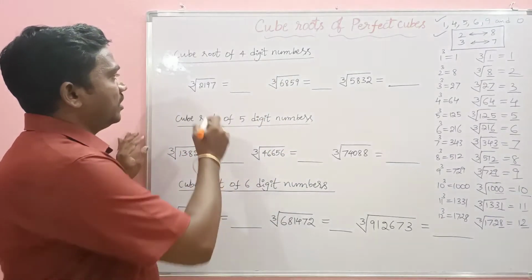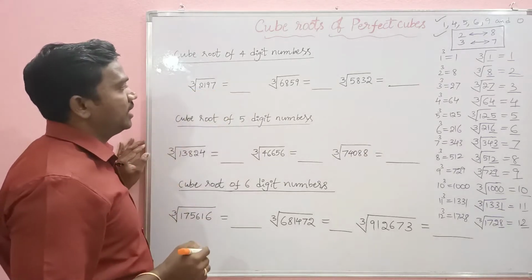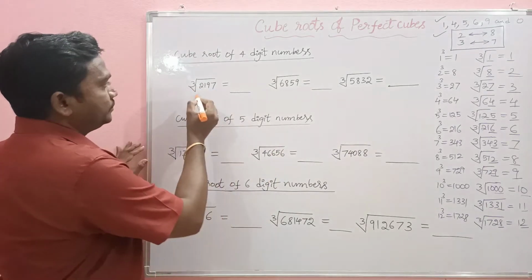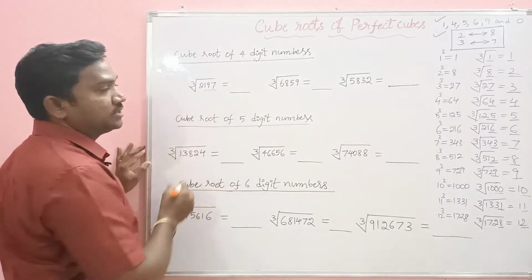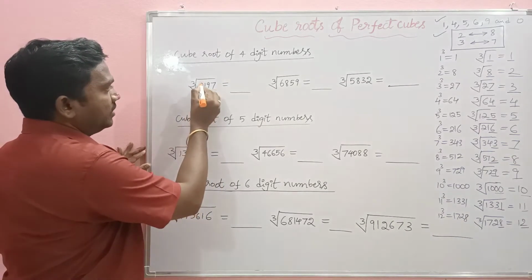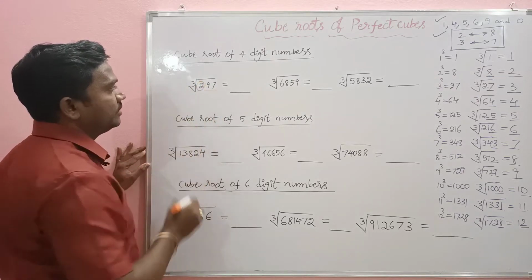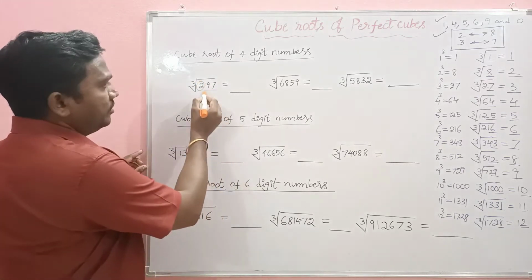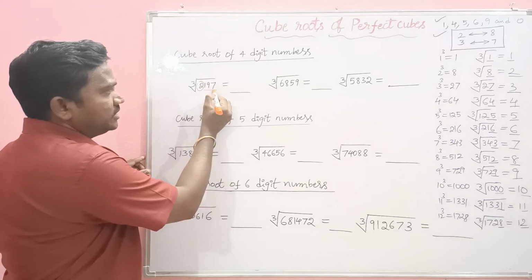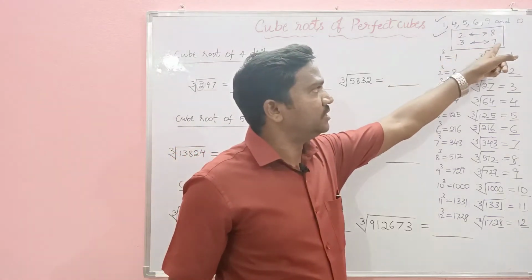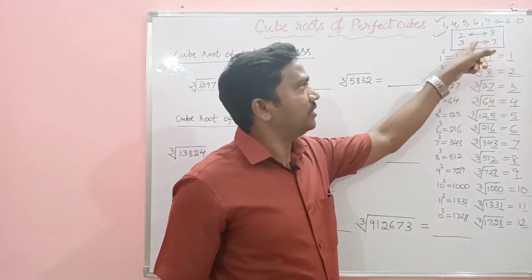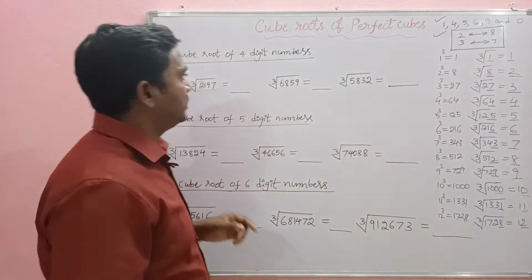See here, cube root of 2197. Now, these 3 numbers as one part and the remaining 2 as one part. Make it two parts. Now here the number ends with the digit 7. We have already known that if a number ends with the digit 7, then the cube root of that number will end with the digit 3.